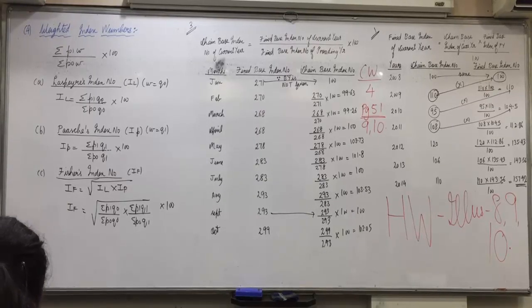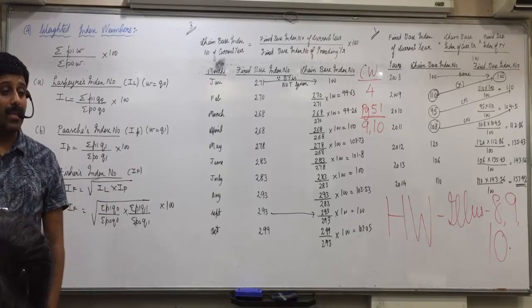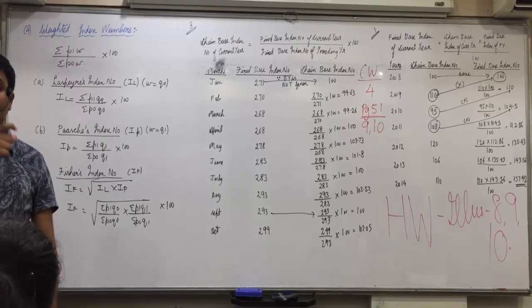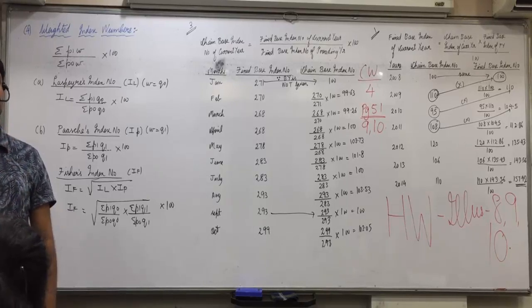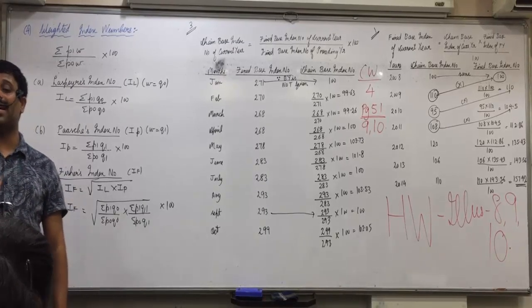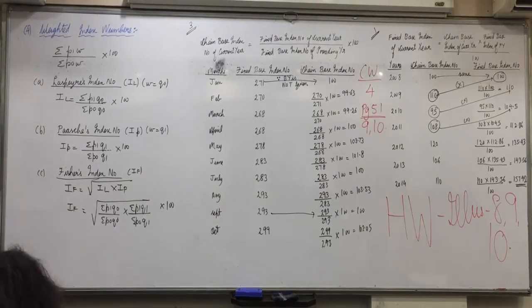The nth root of the product of n observations. Here there are 2 observations, so square root. If there are 3, then cube root; 5, then fifth root. Here there are 2, therefore it is a square root. But practically it is the geometric mean of Laspeyres and Paasche's index numbers. Understood this portion, everyone? Yes.